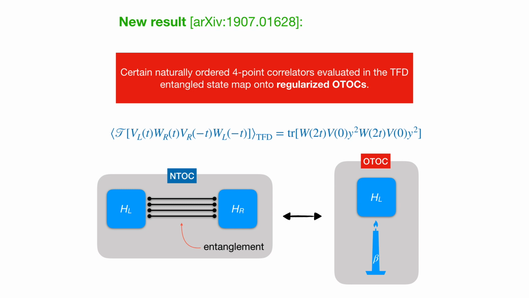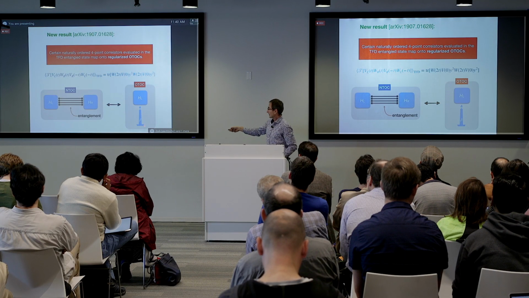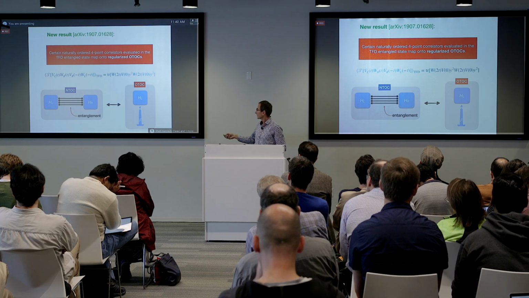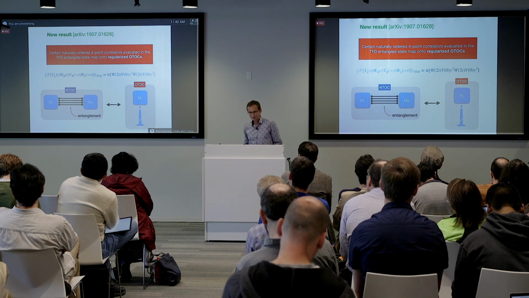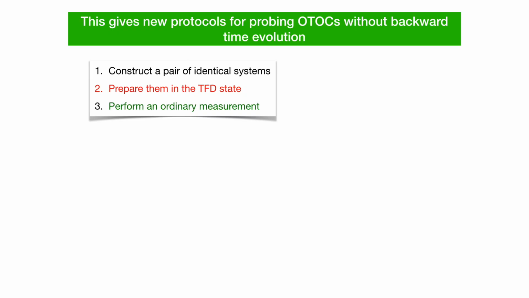Basically, what this says is that if you have a pair of identical systems that exist in this entangled thermofield double state, and you perform an ordinary causal measurement that involves both sides of this combined system, the result is equivalent to measuring the out-of-time order correlator in one of those systems at some inverse temperature beta that corresponds to the temperature of this thermofield double state.